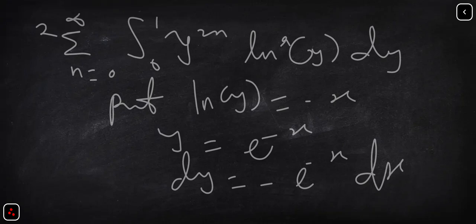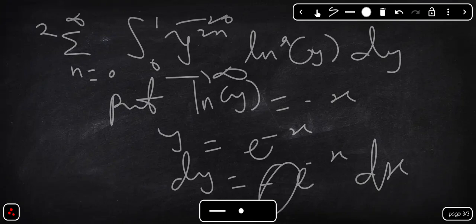And as usual, the limit is going to change. At y equal to 1, that will be 0. At y equal to 0, that will be infinity. Because of this negative sign here, you can just change it from 0 to infinity. You understand what I'm saying? So you can change from 0 to infinity, straightforward.